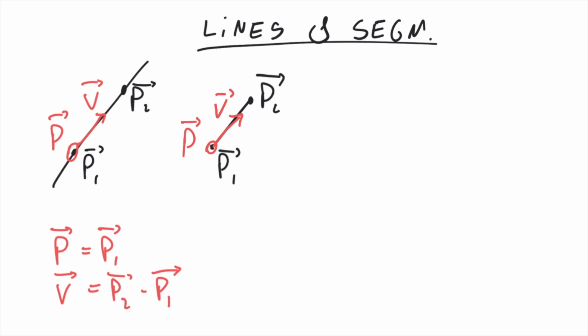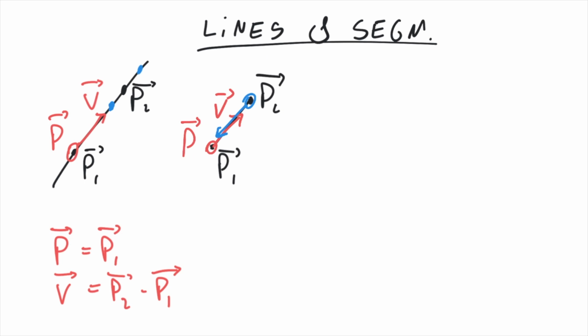And also you should note that the representation of either a line or a segment is not unique. In particular, for example, you can take any two other points to define the same line, or you can take this point and this vector to represent a segment. So the representation is neither unique nor uniquely tied to either a line or a segment.